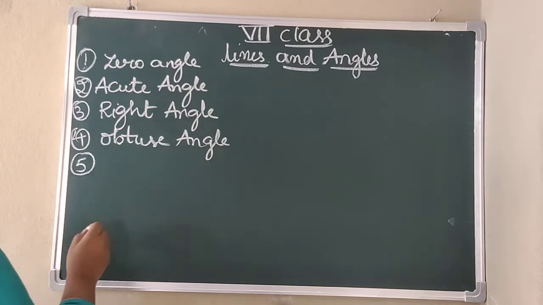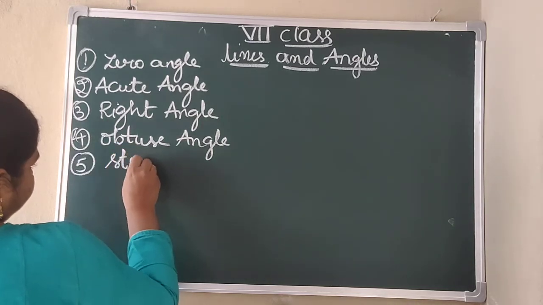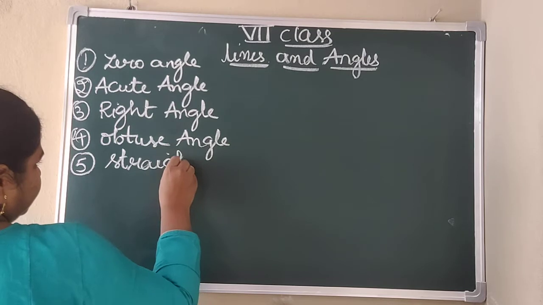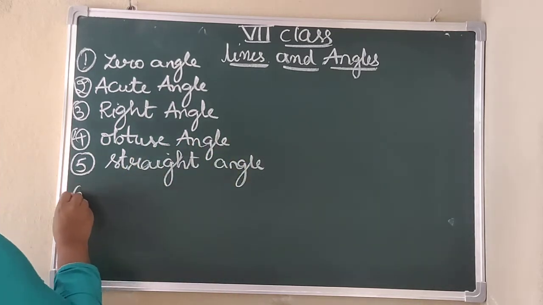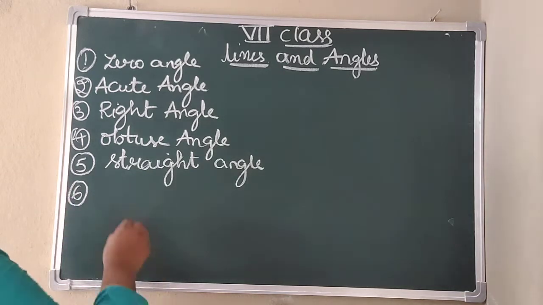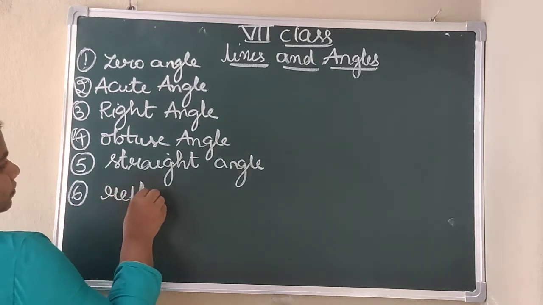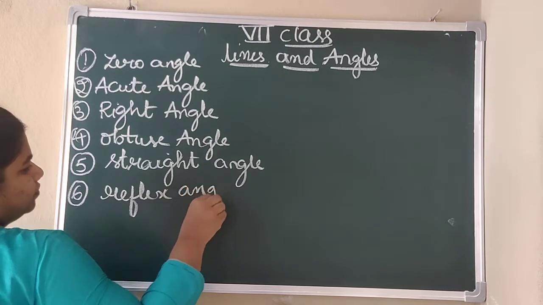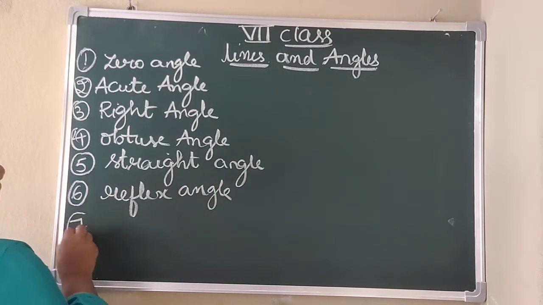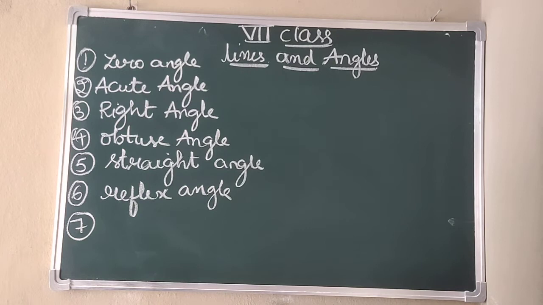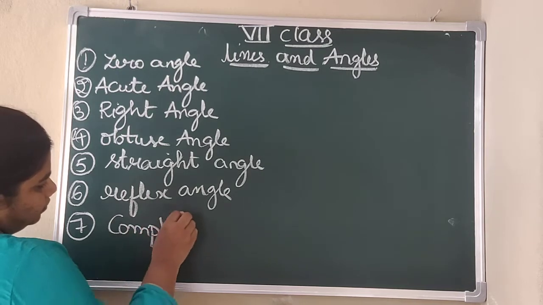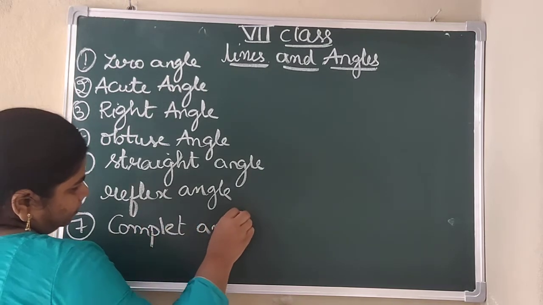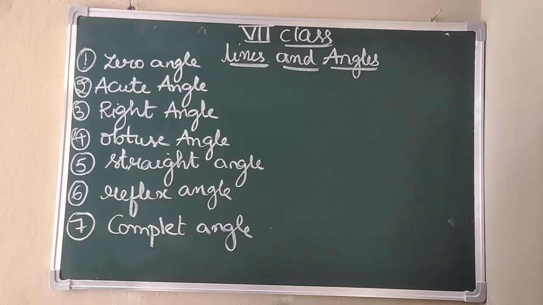Fifth is straight angle. Sixth is reflex angle. Seventh, last, is complete angle. So these are the 7 different types of angles.